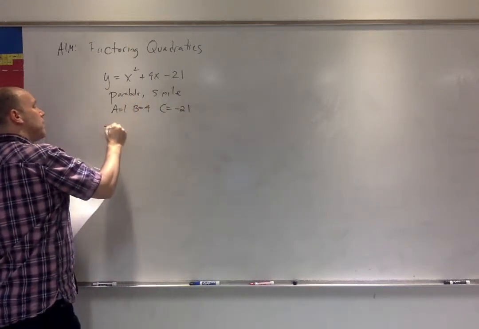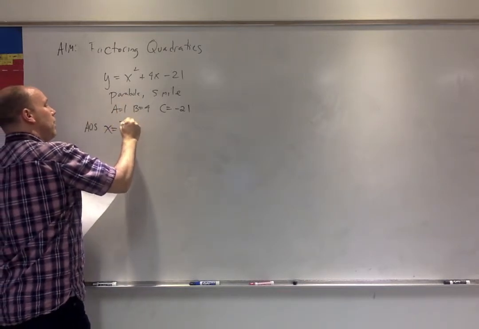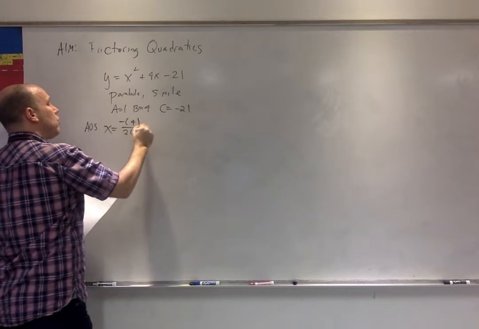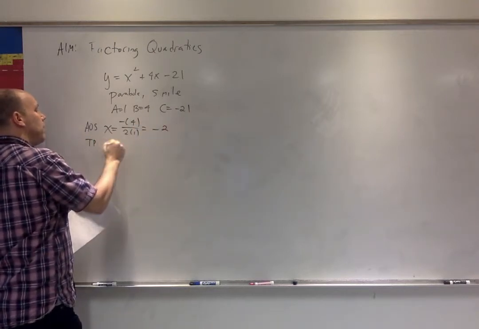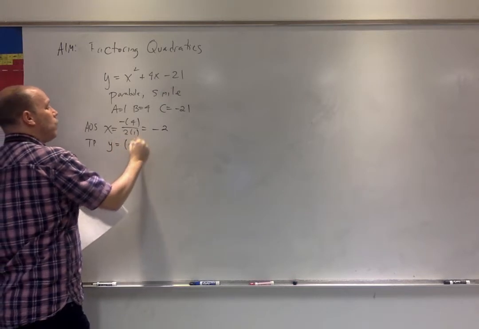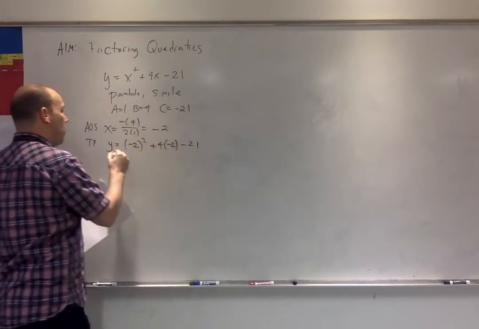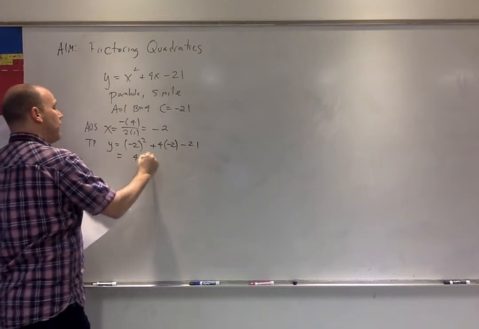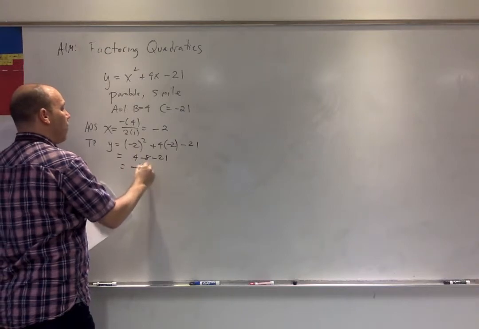So the axis of symmetry is negative b over 2a, which is negative 2. For the turning point, plug it back into the original equation: negative 2 squared plus 4 times negative 2 minus 21, which is 4 minus 8 minus 21, that is negative 25.